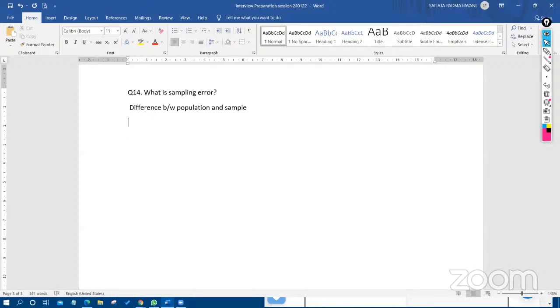Ashish Kumar says sampling error is when the sample does not match the population. Yeah, it will not match the population, of course. That's why we will have error. Nice. Next.